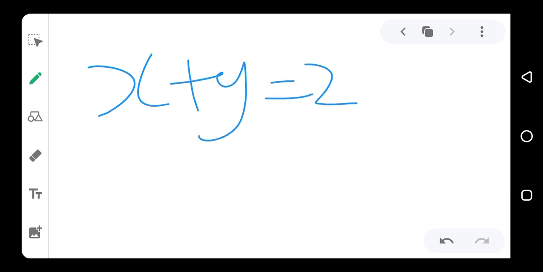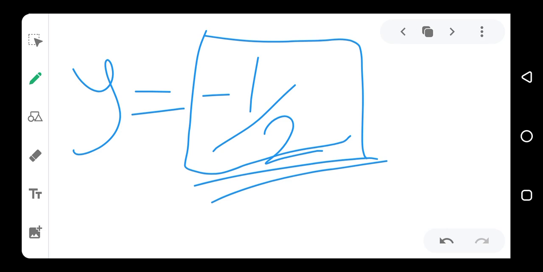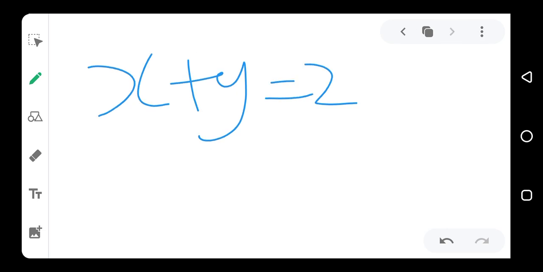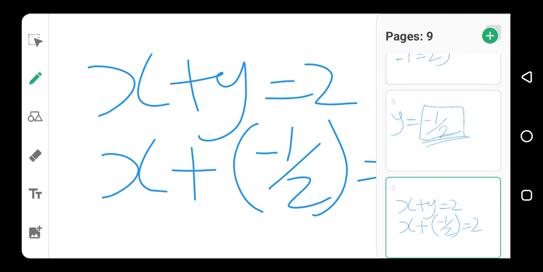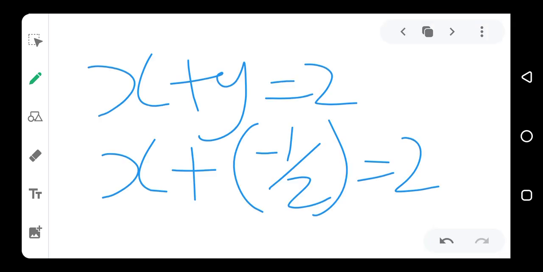x plus y is equal to 2. Now we already know our y to be minus 1 over 2. So we now say x plus, in brackets, we use that value to replace y, which is minus 1 over 2, is equal to 2. Now that means x, let's clear the brackets, minus 1 over 2.